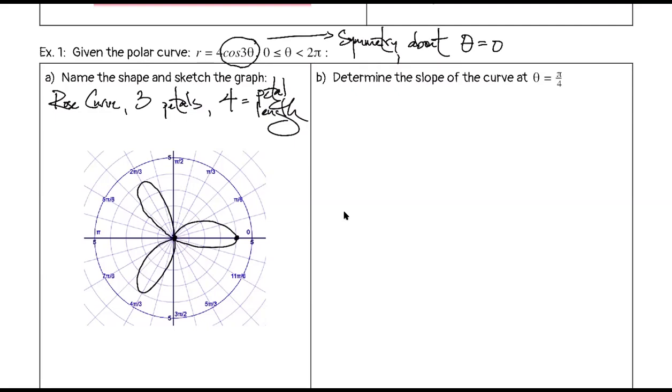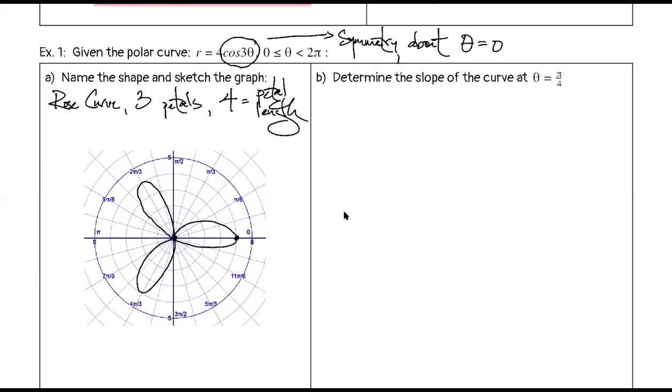Now, if it were sine instead of cosine, we would end up with 6 petals, and we would have to go from 0 to pi, or 2 pi to get all 6 petals. All right, so there's our sketch of the graph.